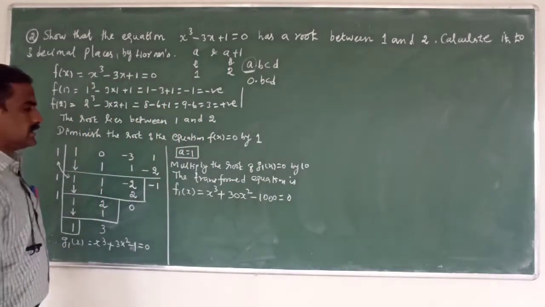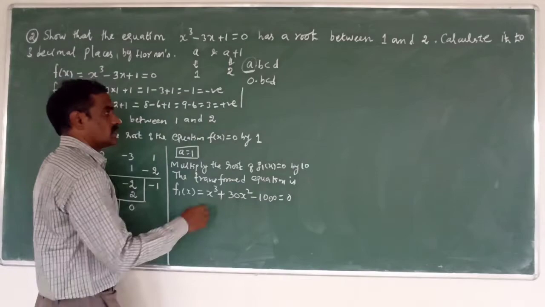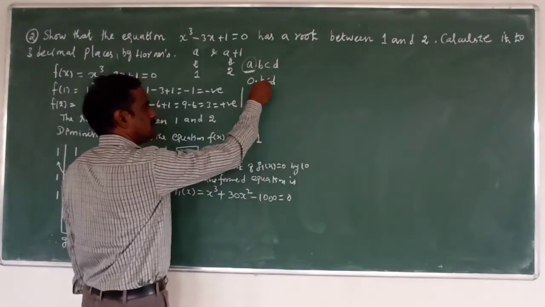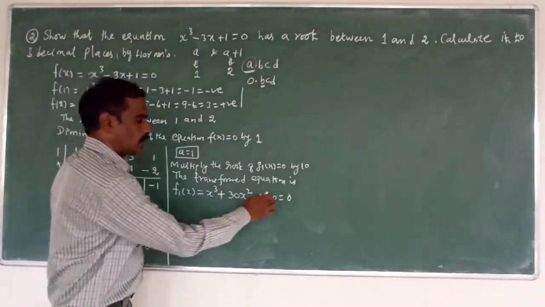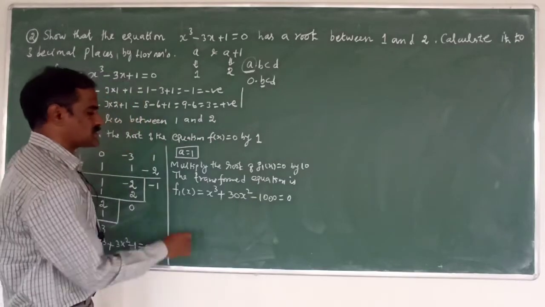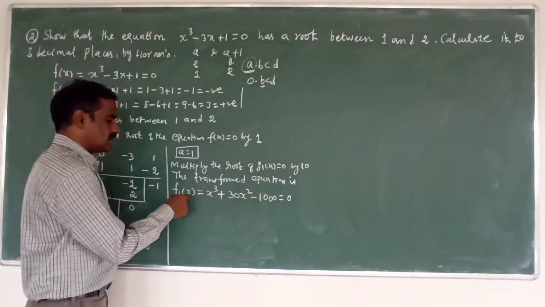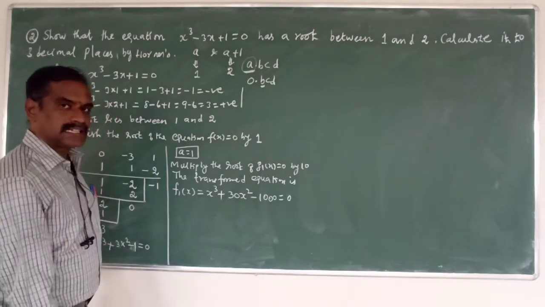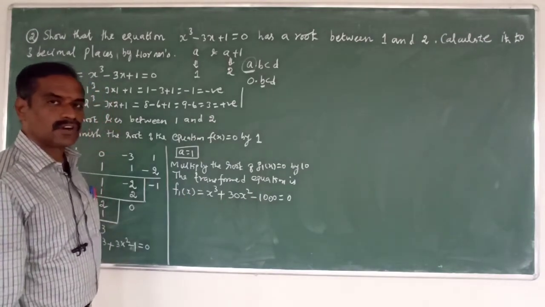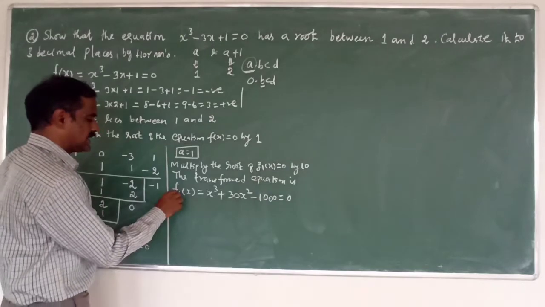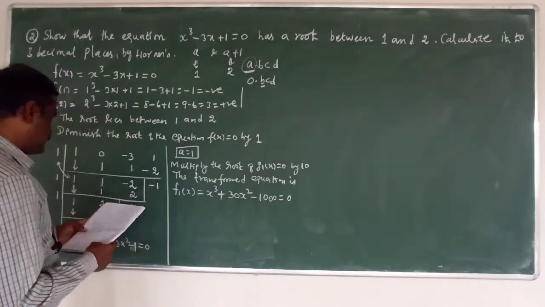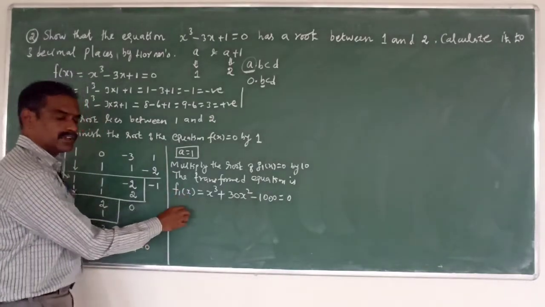Okay. Next step, we have to find out the b value for that diminished root. And next, substitute to find out which gives the negative value and which gives the positive value. For that we have to substitute f of 0, f of 1, f of 2, f of 3 like that.